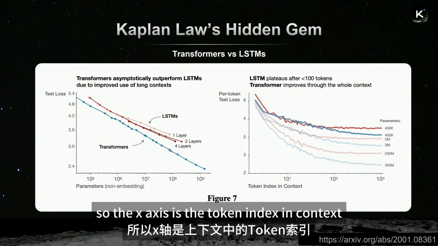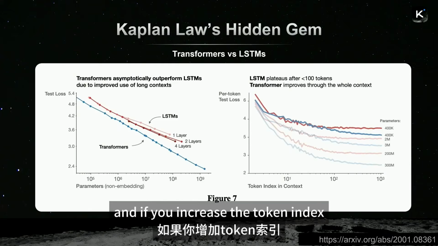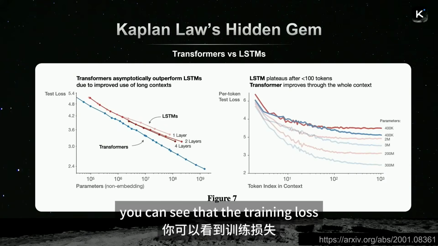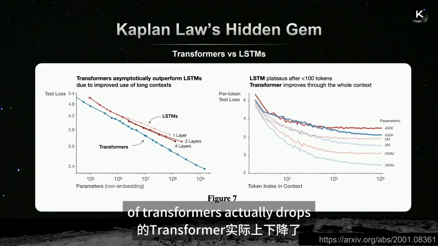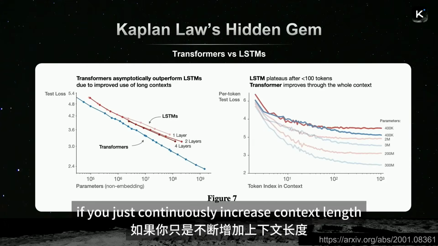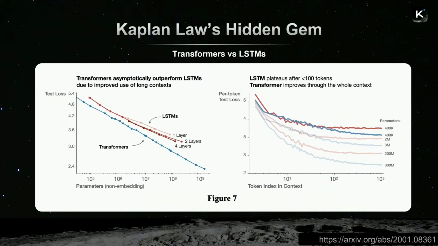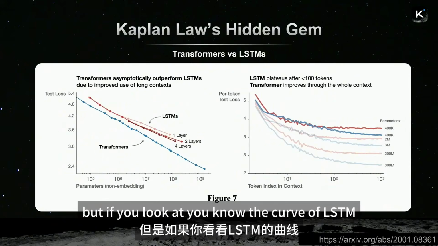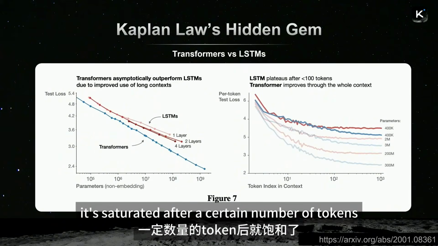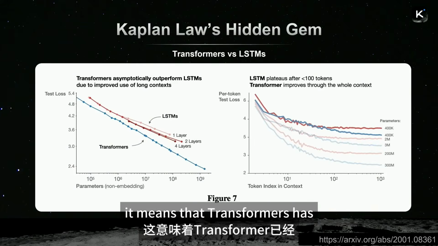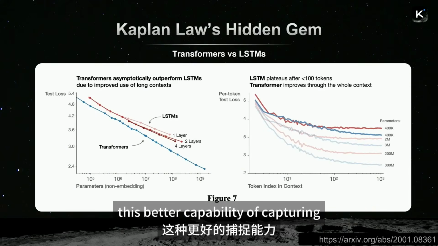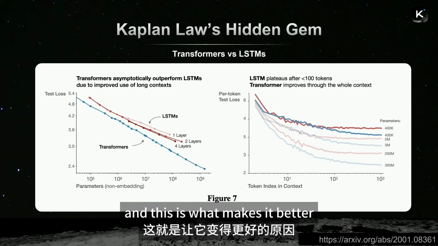So the x-axis is the token index in context, and if you increase the token index, you can see that the training loss of transformers actually dropped by a lot. If you just continually increase the context length, the loss just continuously drops down. But if you look at the curve of LSTM, it just is saturated after a certain number of tokens. It means that transformers have this better capability of capturing longer context, and this is what makes it better.